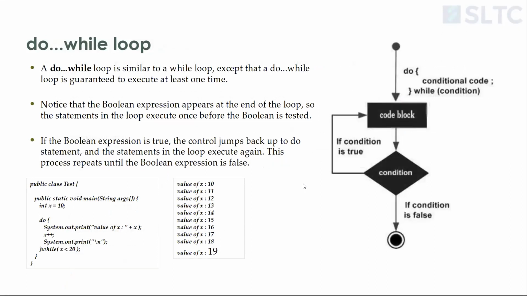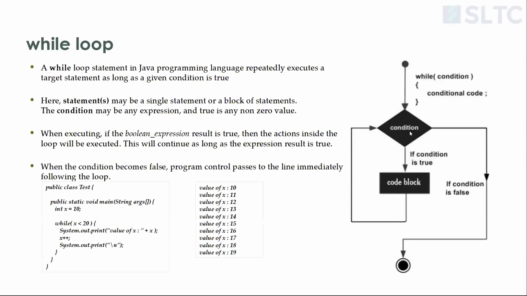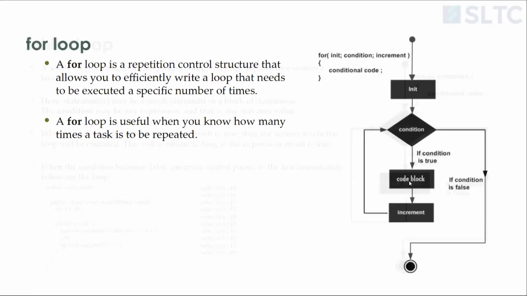So the do while loop is where we do the checking at the end of the while statement, like in here. You see, we do the code block. Now, if you in fact compare what was happening here, we have a condition, then we have a code block, isn't it? For while loop and also for loop.